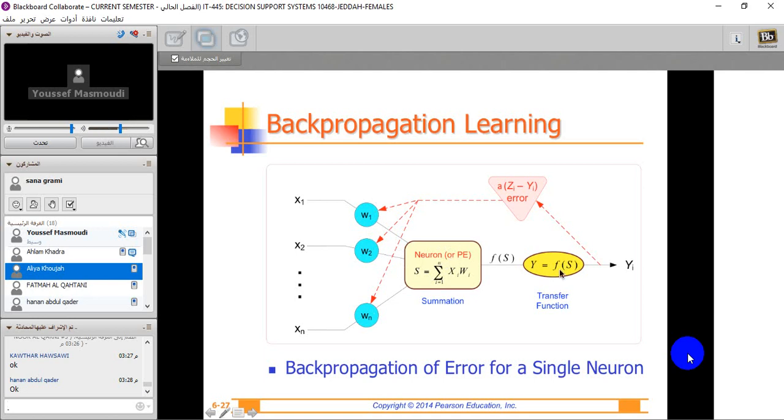You will have a solution. After that, you will get the decision function and the output, the decision. This decision will be compared to the desired decision. So you will compute the error between the obtained decision and the desired decision, and then you will modify the weights that you have.